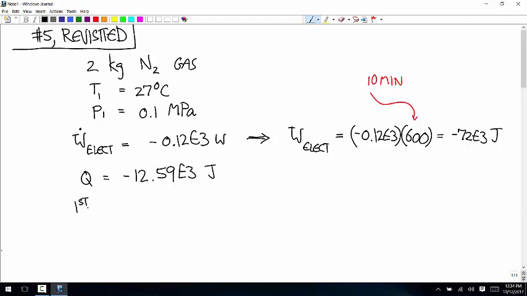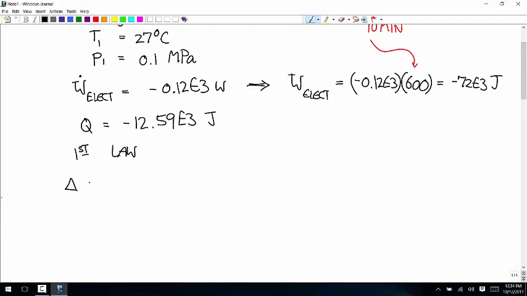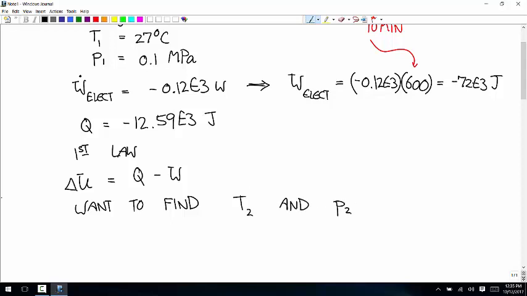So the first law says the change in energy is equal to the heat minus the work, and we're trying to find the temperature after 10 minutes and the pressure after 10 minutes.